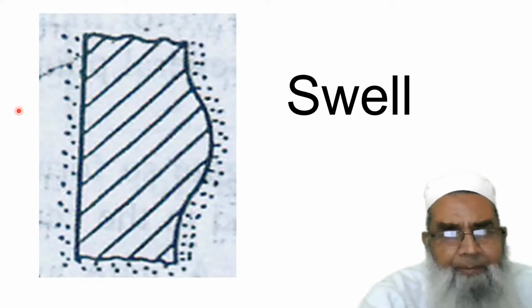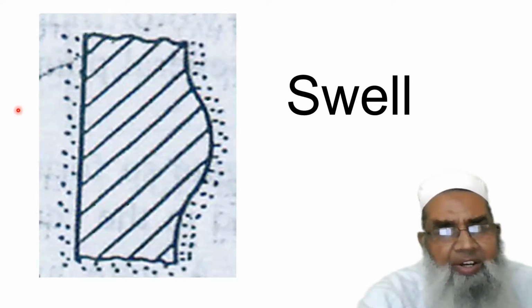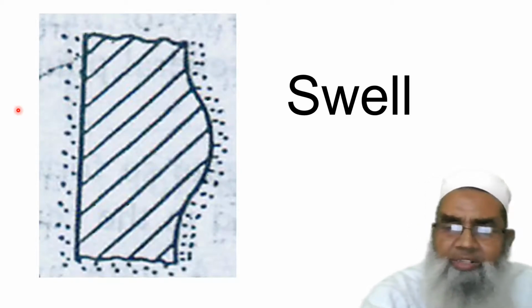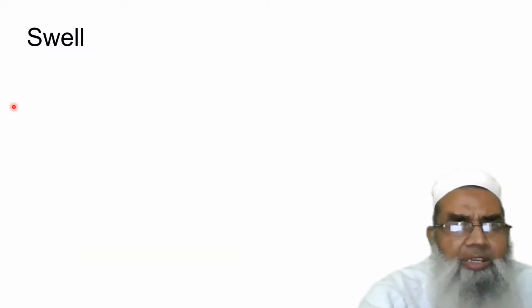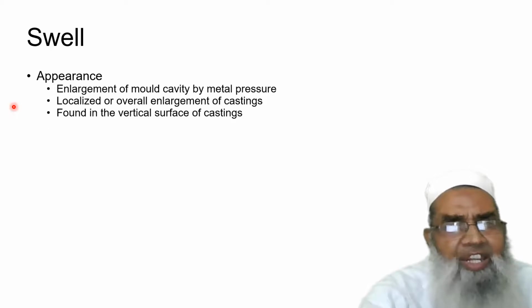Now the swelling. This scab occurs on the top surface, while swell occurs on the side walls. Now this is enlargement of the mold cavity by metal pressure.